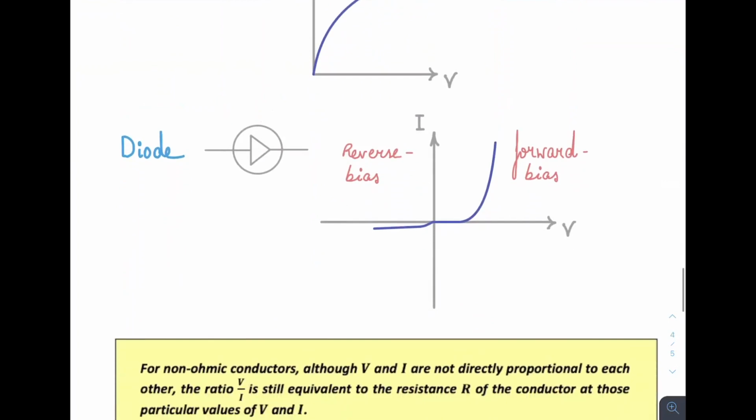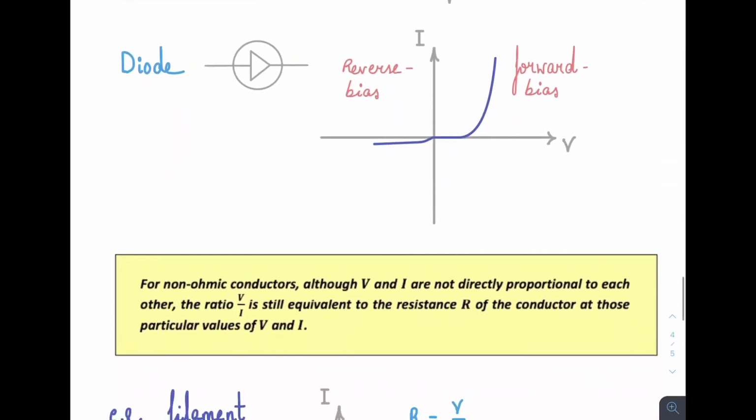Another non-ohmic device is the diode. This is its symbol. The typical IV graph for a semiconductor diode shows that this device only conducts when a PD is applied in one direction. We say that the diode is in forward bias, offering negligible resistance to current flow.